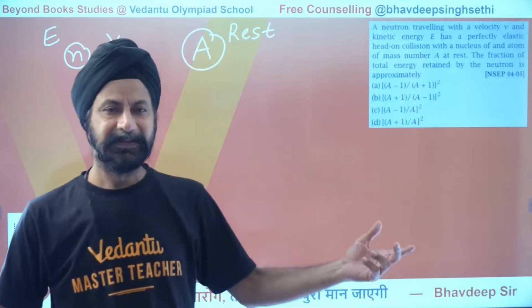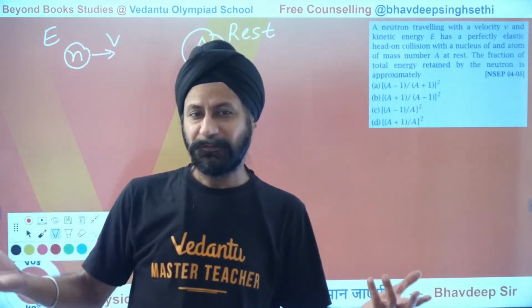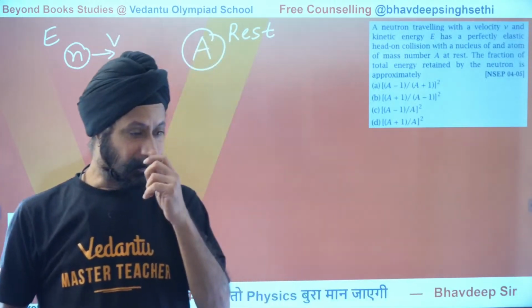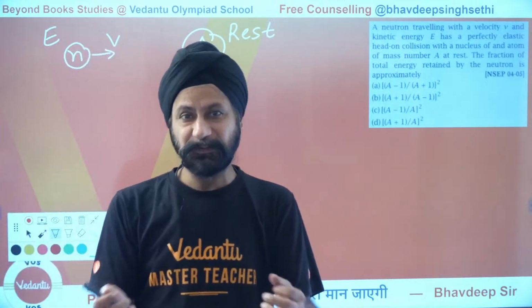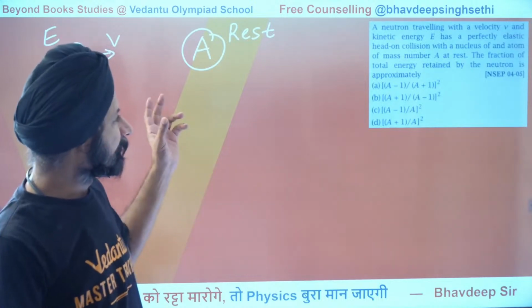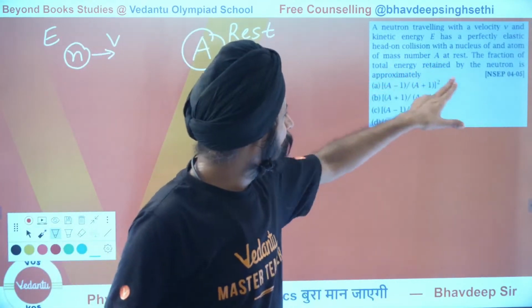Now, if it is an elastic collision, definitely there is no loss of kinetic energy, so the total energy before and after is the same. Also the coefficient of restitution is 1. A lot of beautiful information there. Now they're saying the atomic mass of this is A, and they're talking about approximations.